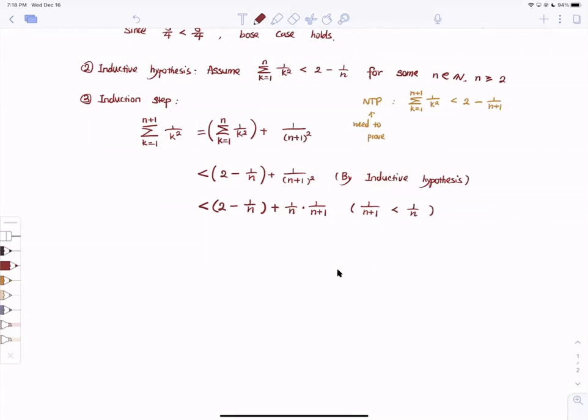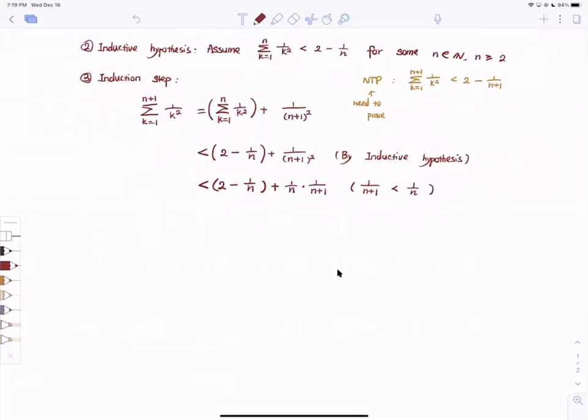Any question? If not, this is equal to 2 plus, and I'm going to factor out this to the outside.